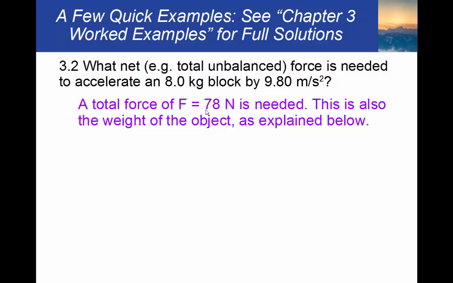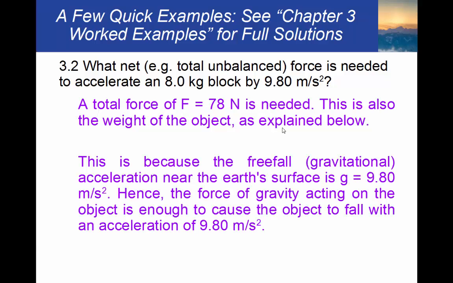And it's worth noting that this force that we found is actually also equal to the weight of the object. The reason why it is the weight of the object is because this 9.80 meters per second squared acceleration is the free fall or gravitational acceleration near the Earth's surface.